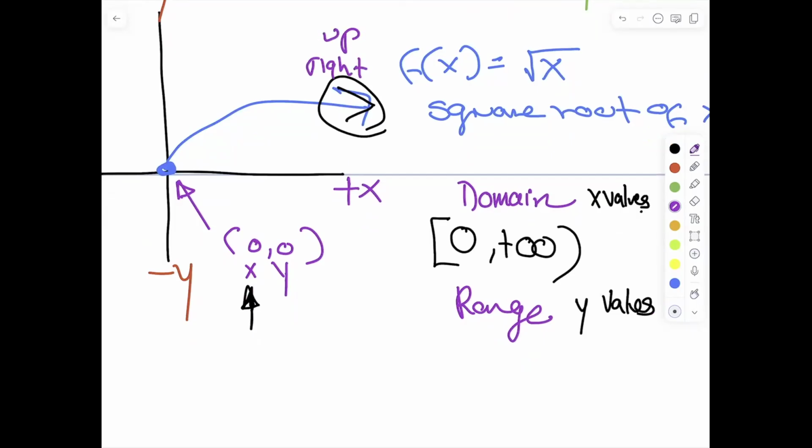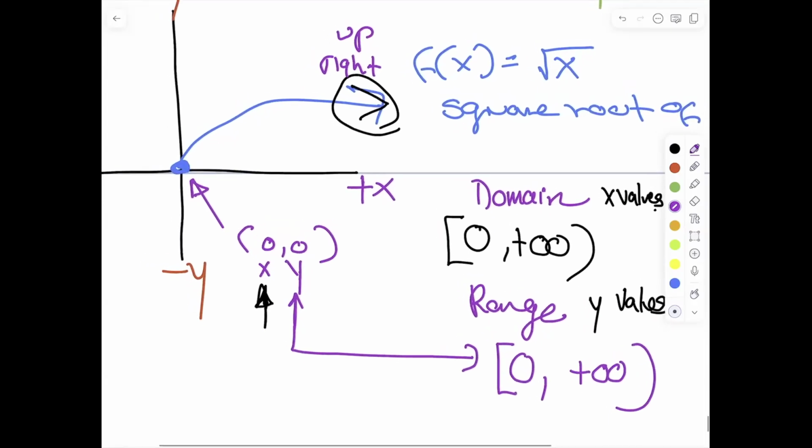So what is the lowest y value I have here? 0. So that's bracket 0. And where is this going to stop up? Does it stop? It goes to positive infinity. That is range. Okay? Very good. So now you guys understand the graphs.